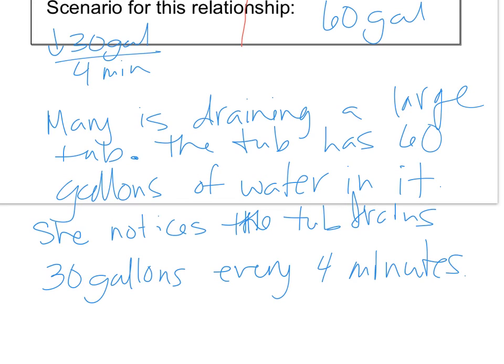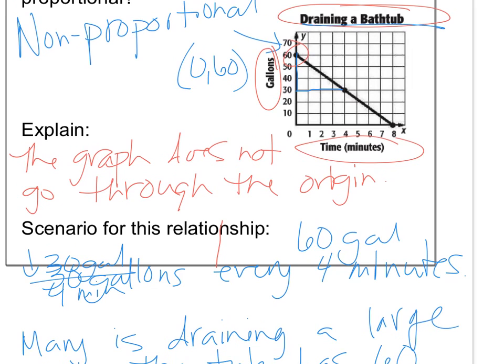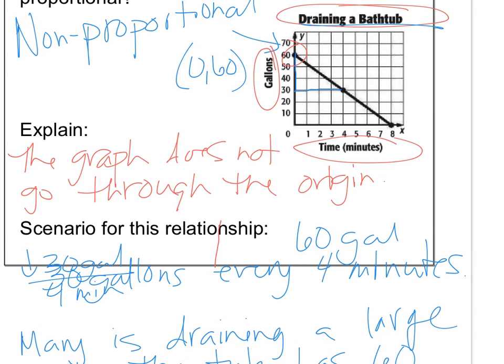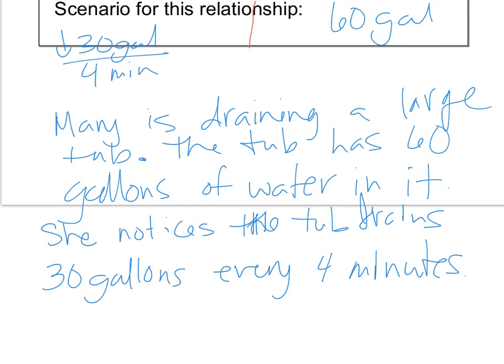She's wondering how long it will take for the tub to drain. Another thing you could say is that she is, you could simplify it, 30 over 4. Anything to describe that there is a rate of change and that there is a slope. You just have to make sure that you have all of it included.